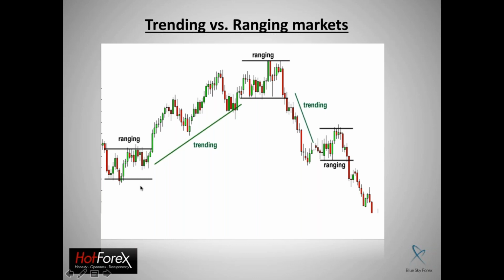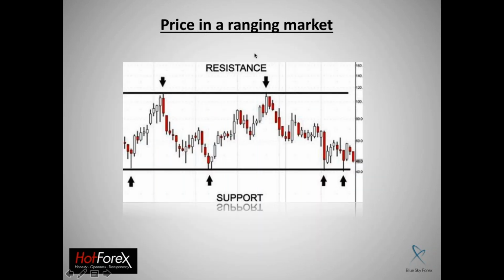The support and resistance levels themselves take on different functions depending on what the market is doing. If you have identified a ranging market, it typically looks like this, where you see aggressive moves, large candle bodies, small wicks, as the price travels from one support to a resistance and from one resistance to a support.